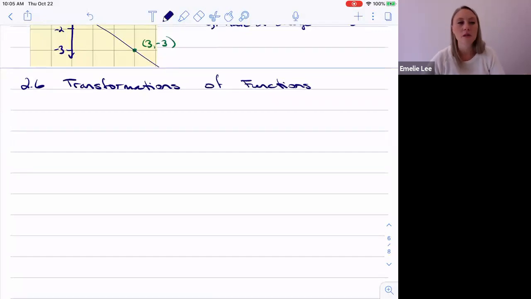Okay. So knowing what the general shape of an overall function looks like is going to be really helpful in figuring out how these things transform.